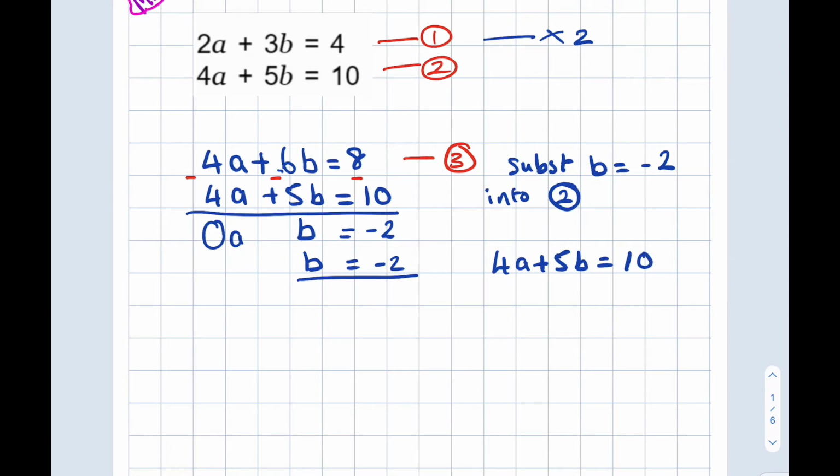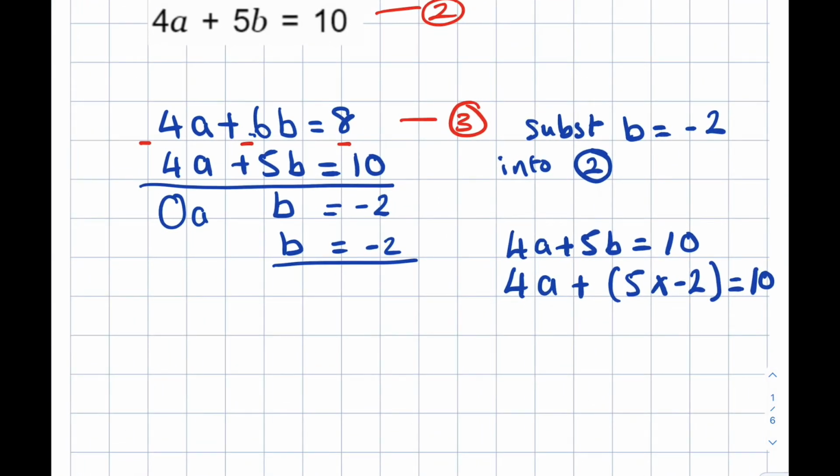Now equation number 2 is 4a plus 5b equals 10. I'm going to put the negative 2 into the b, so we have 4a plus 5 multiplied by a negative 2 equals 10. Just to simplify that down, 4a plus a negative 10, because 5 times negative 2 is a negative 10, is equal to 10.